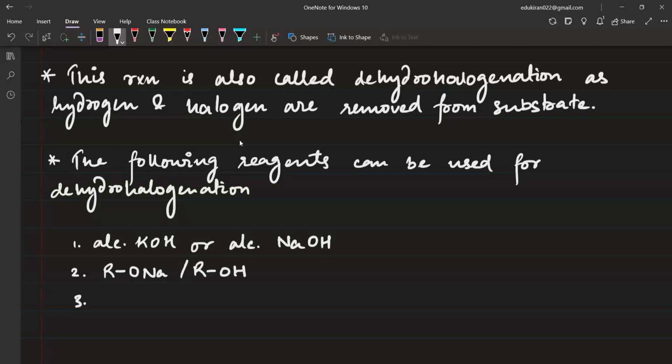It's a very strong base, that is sodium amide, NaNH2. You must not forget NaNH2, but you have seen NaNH2 in the class 11 hydrocarbon chapter. Okay, so NaNH2, this is sodium amide.